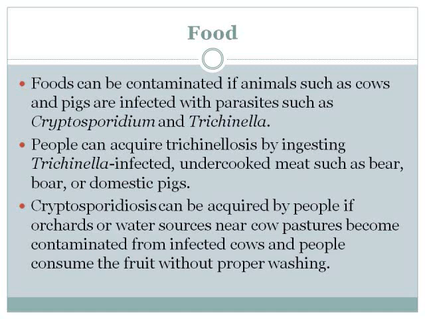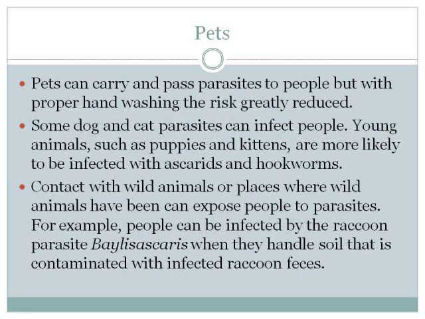Okay, again, there is a list of different parasites, dog and cat parasites. I'm not going to go into detail at all. I just want you to read a couple of these which are commonly there, especially Ascaris and hookworm.